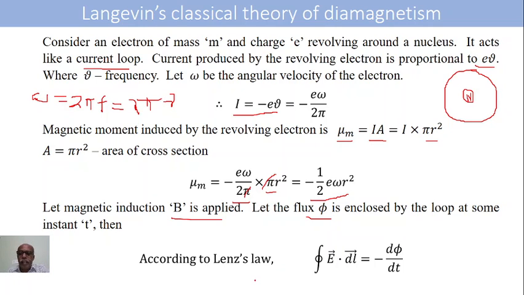Then, according to Lenz's law, the line integral of E dot dl will be equal to minus d phi by dt, the negative of the rate of change of magnetic flux.